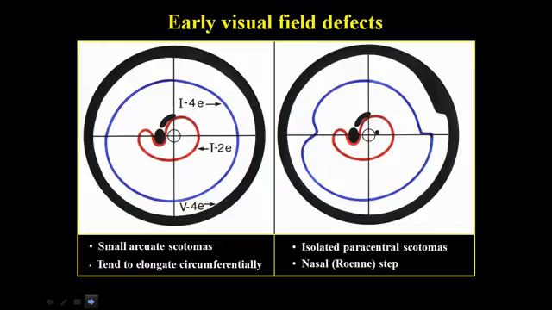These slides show how the glaucomatous visual field defects progress. We can classify the glaucomatous visual field defects into early, moderate, and advanced. Now in early stages, usually you can have small arcuate scotomas that tend to elongate circumferentially, or we can have isolated paracentral scotomas or the Ronne's nasal step.